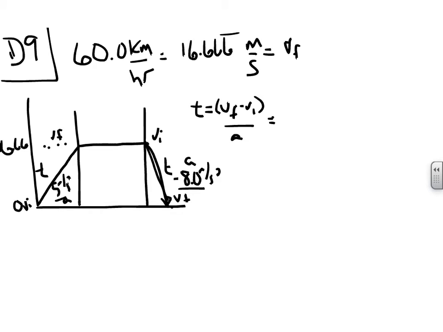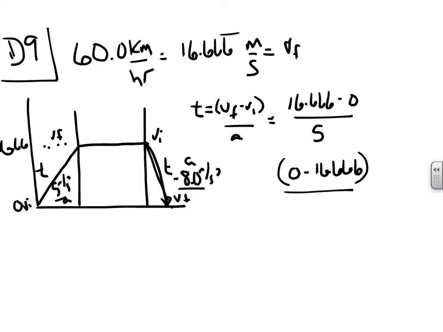The first part, when I'm speeding up, my final is the 16.666, and the initial is 0, and we're dividing by the acceleration of 5. The second time we're doing it, everything is flipped, because now my final is going to be 0, and my initial is going to be 16.666, and my acceleration is going to be negative 8.